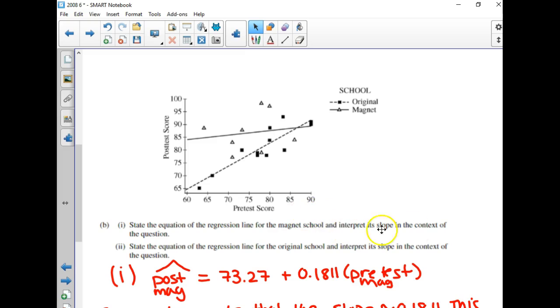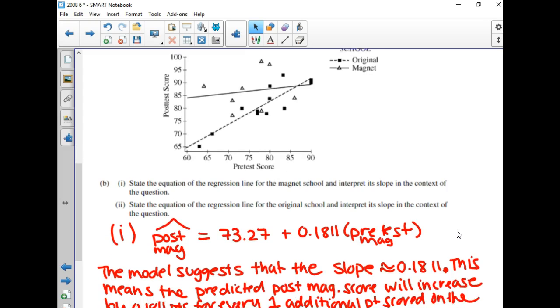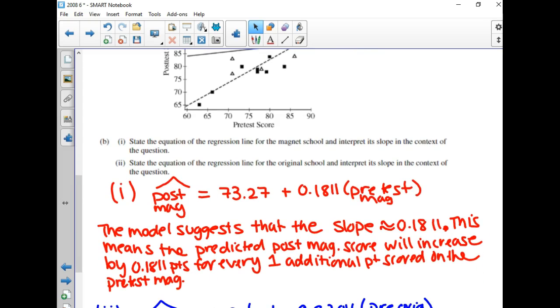And then it does say interpret the slope in context, something you need to have memorized, and I'll have that on flashcards for you as well. The model suggests that the slope is approximately 0.1811. This means the predicted post-magnet score, the change in the y, will increase by 0.1811.